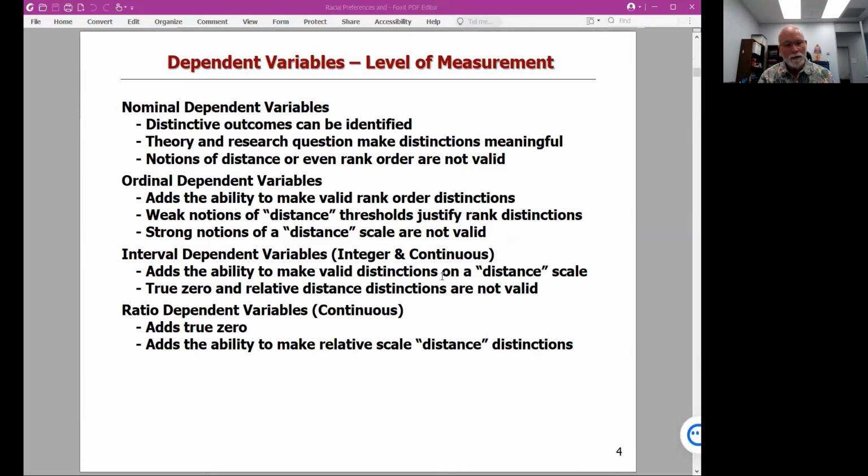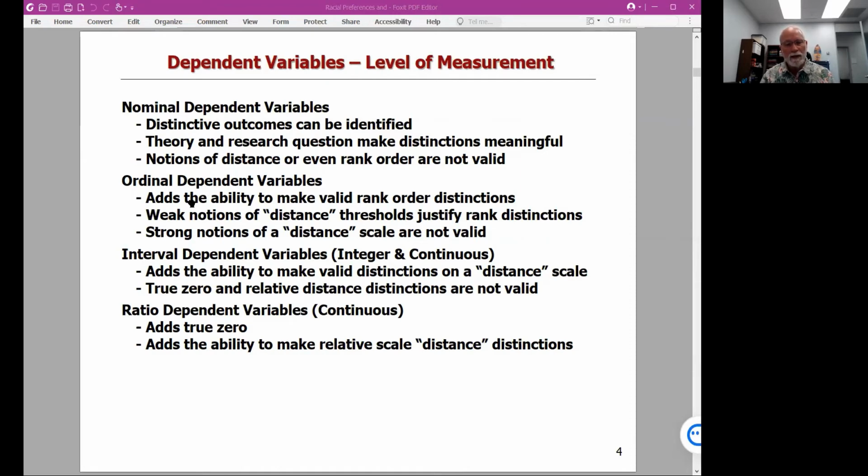So there are 4 categories of measurement that are typically recognized when we're doing quantitative analysis. And here we're focusing on the dependent variable in analyses that we might be undertaking. And so we could have a nominal dependent variable, which would be a variable where we can identify outcomes, but the only thing we can identify is that the outcomes are distinctive, and there's no notion of distance or even rank order.